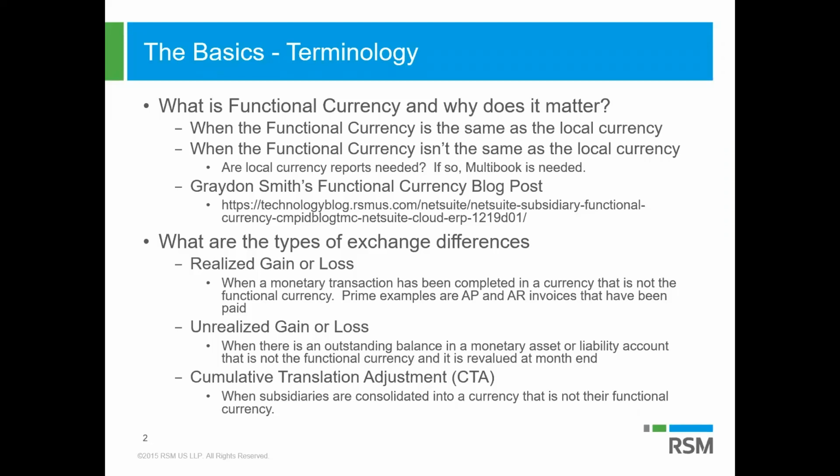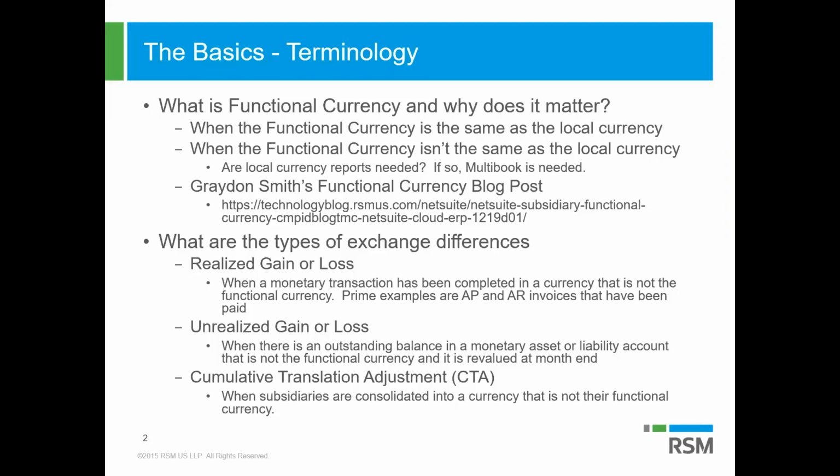When you translate a trial balance, you use 3 different rates, and I'll show you where all these rates live in NetSuite. But you have 3 different rates that apply when you are translating the financials of a subsidiary that is not denominated in the currency that is your parent's reporting currency.